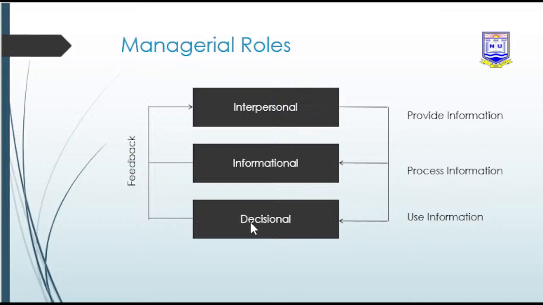Take decisions, and whichever decision you have taken, please ensure that the information about that decision flows back to the people you are leading. Otherwise, if you as a leader don't have the information role, you cannot disseminate the right information.